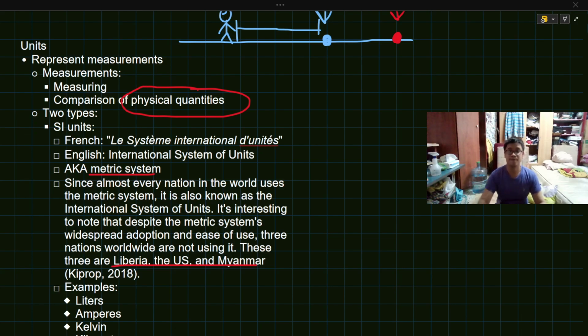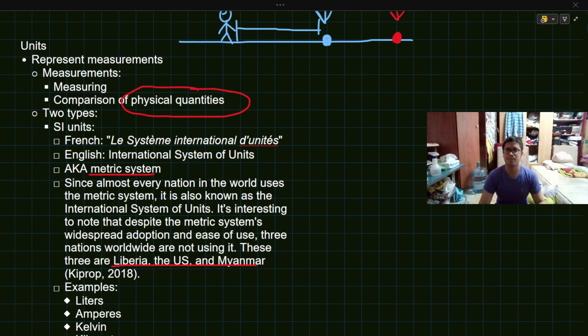If I am wrong, maybe there have been some changes. Like, what if the USA is the only country that uses another system, not the metric system? Then please, as much as possible, comment down below. I think it's better for us to be updated. But anyway, the point being, most of the countries use this system.